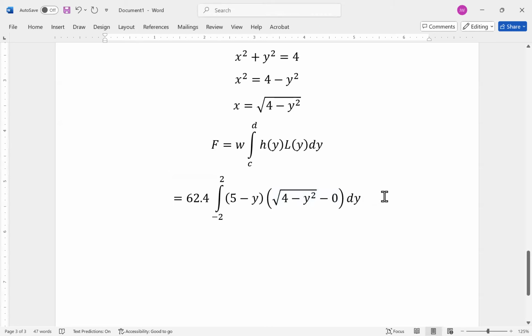Now I'm ready to integrate. This is just, again, a calculator function. So integrate 62.4 times the integration from -2 to 2 of 5 minus y times quantity square root 4 minus y squared minus 0 integrated with respect to y.